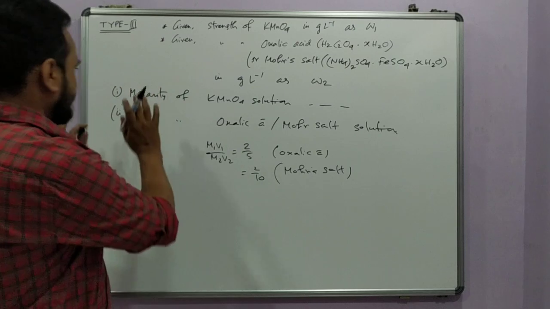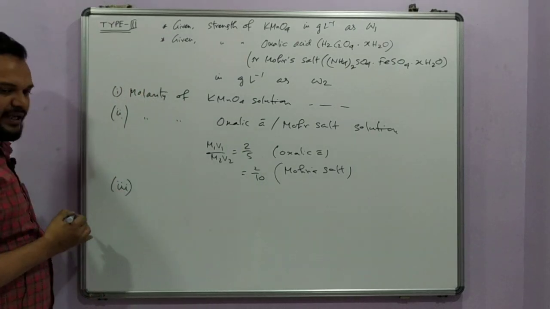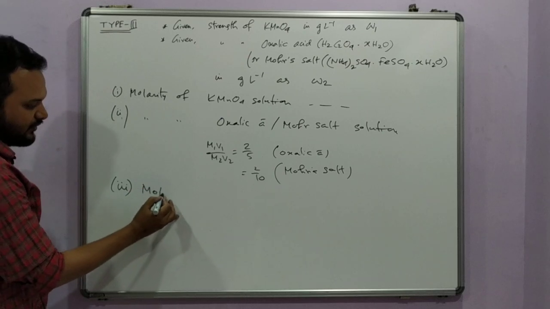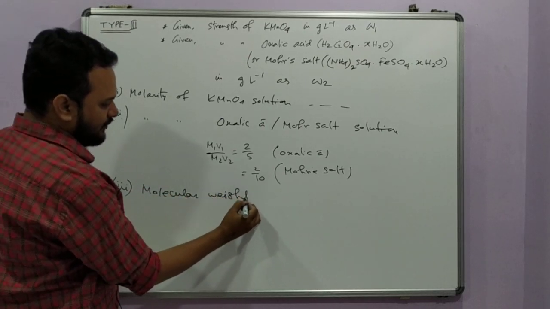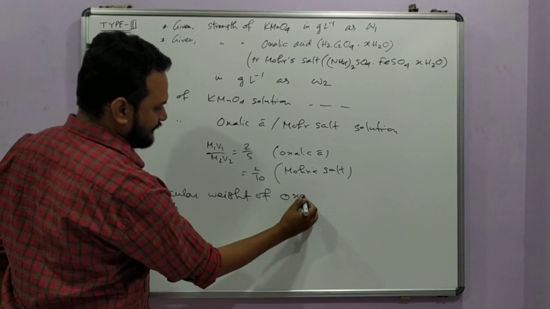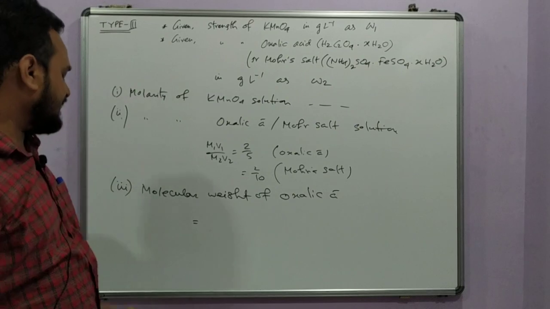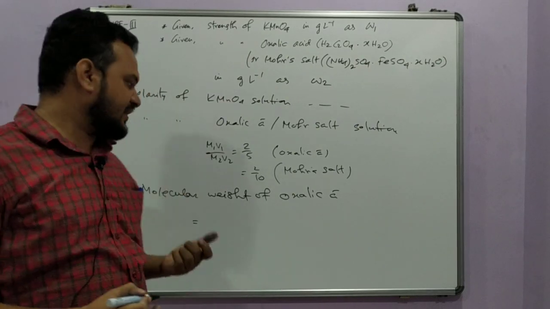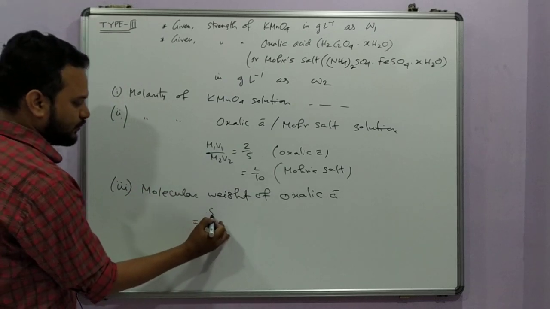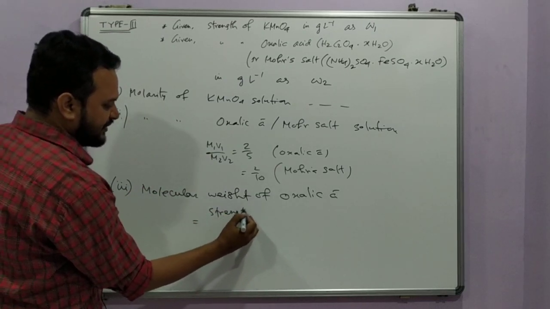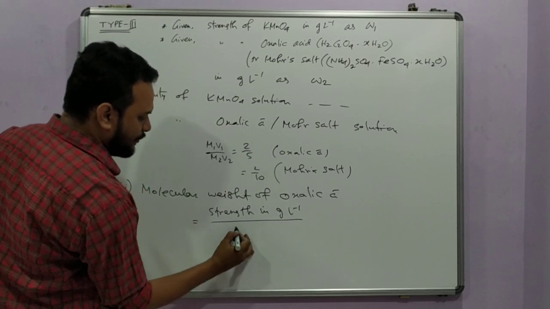Okay, so question numbers 1 and 2 are very easy. Now question number 3 is a new type: molecular weight of oxalic acid or Mohr's salt. Now we know that strength in gram per liter equals molarity into molecular weight. So molecular weight equals strength in gram per liter by molarity.